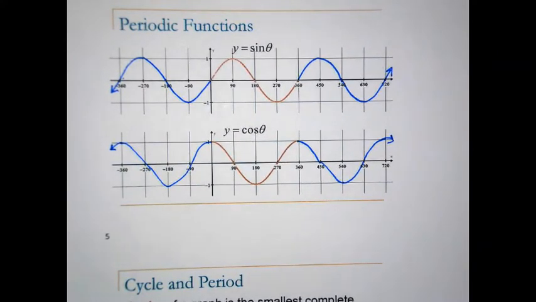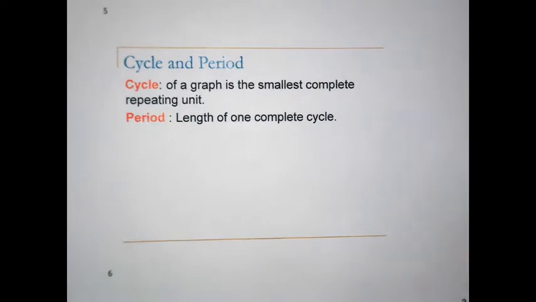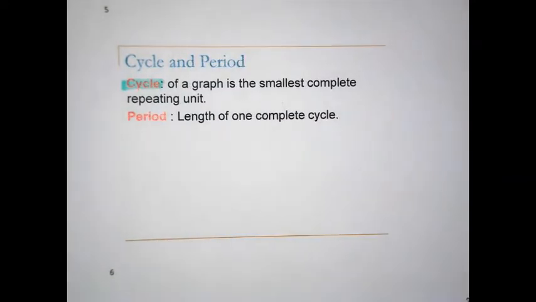Now I am going to introduce two vocabulary definitions here. The first one is cycle. A cycle of a graph is the smallest complete repeating unit. Think about the idea of copy and pasting.